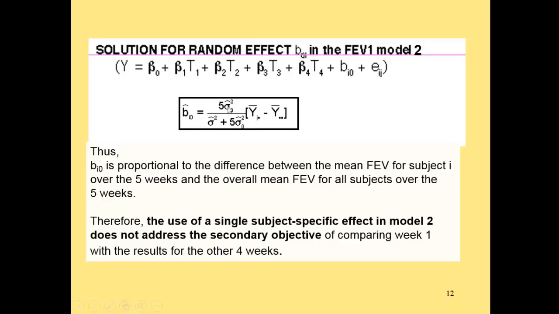Now, for those of you who listened to the recording, this will be a cinch, but for those of you who didn't, what does y bar sub i dot mean? What does that dot represent? It represents everything in that subgroup. So y bar sub i dot is the average FEV for subject i.